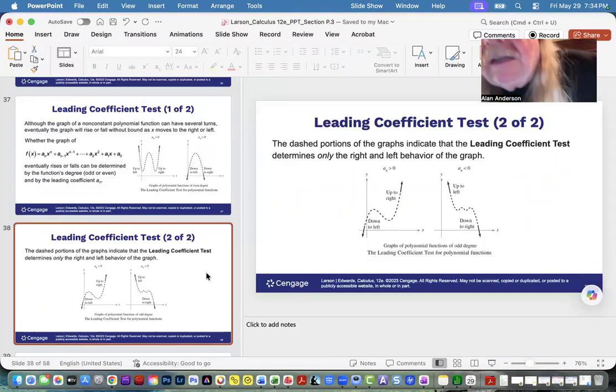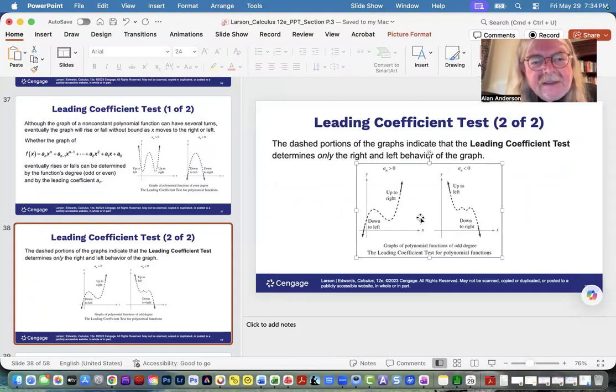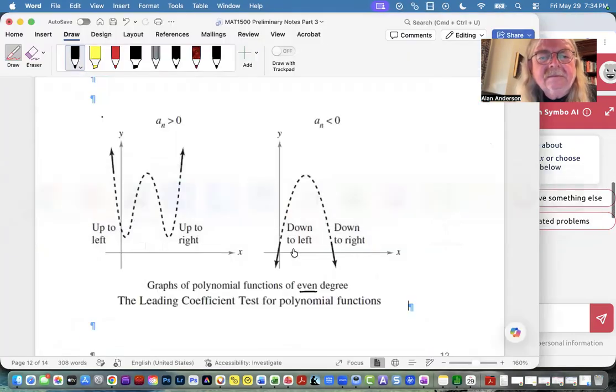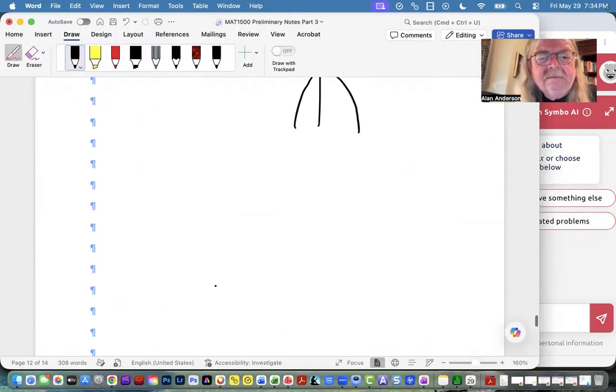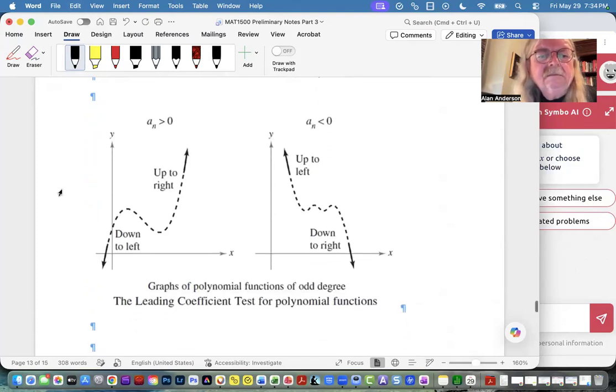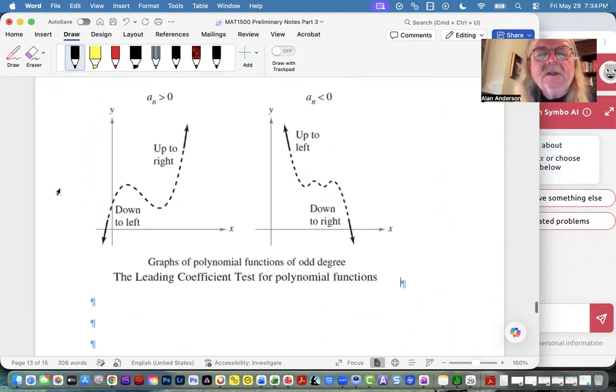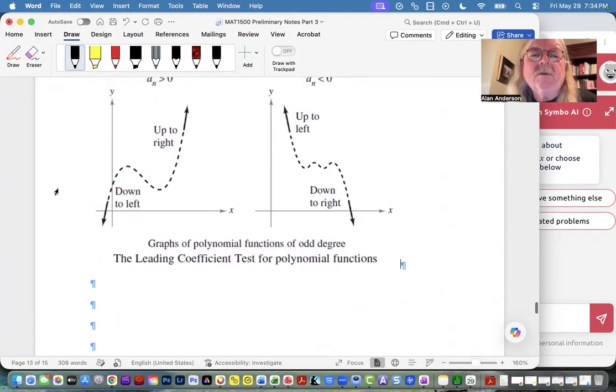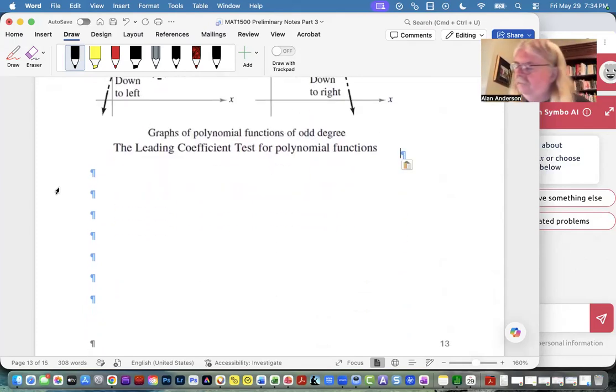Now, these are for the odd ones, and that changes everything. And so the classic example of these I've shown you before.